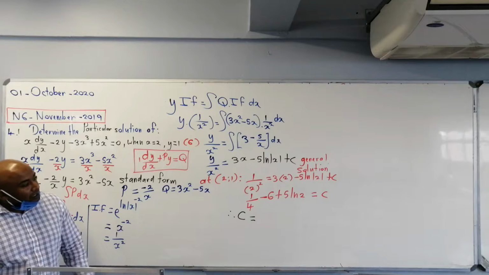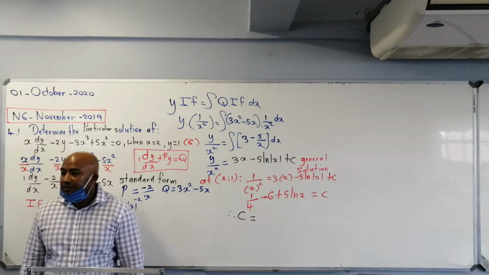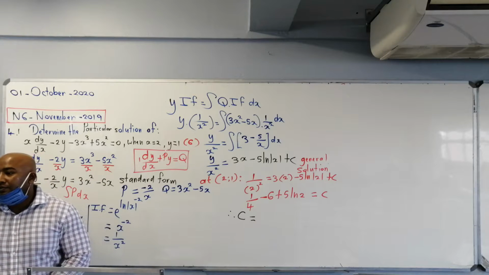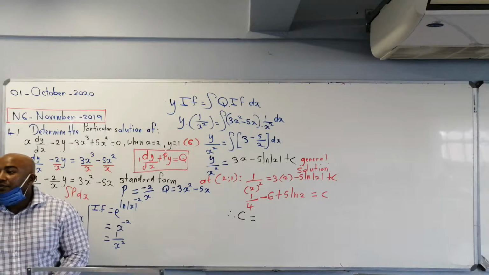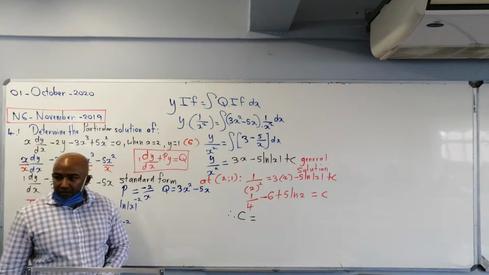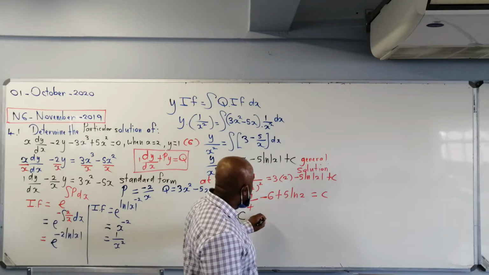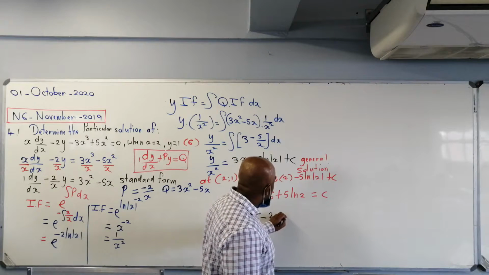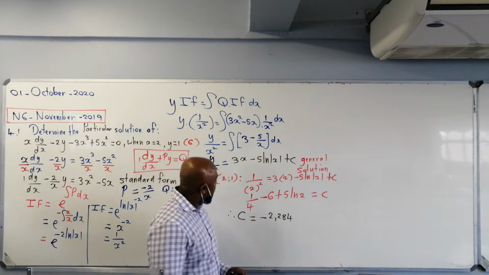One over 4 minus 6 plus 5 ln 2 is equal to minus 2.284.